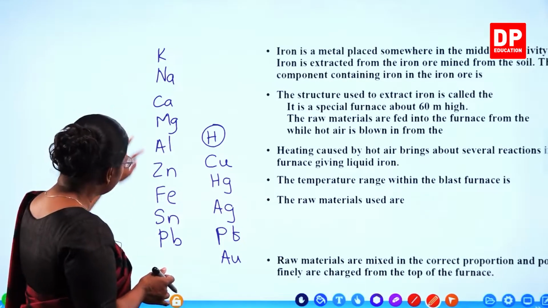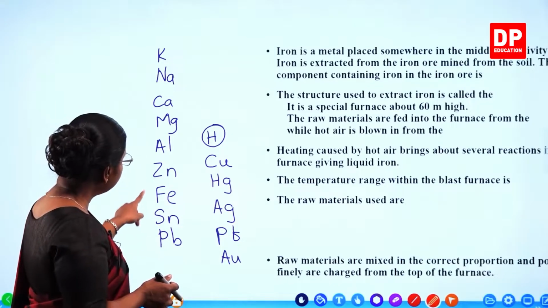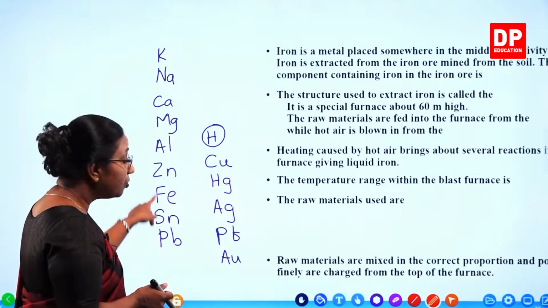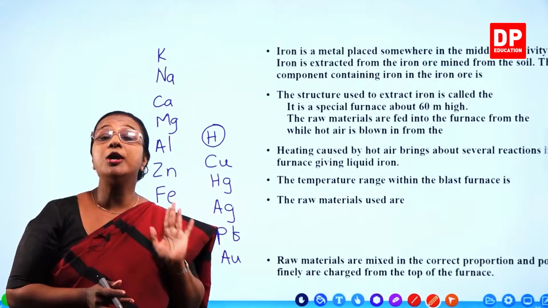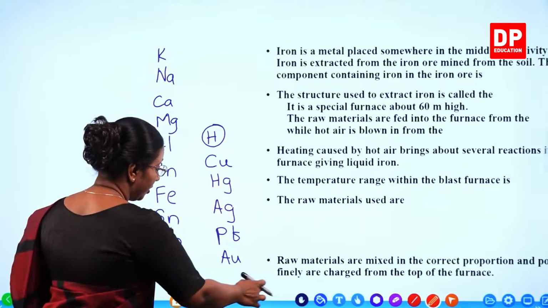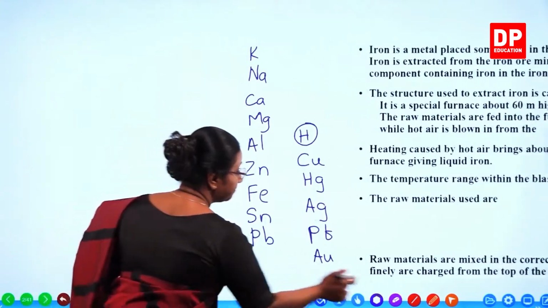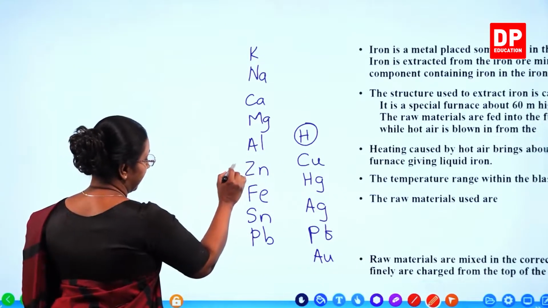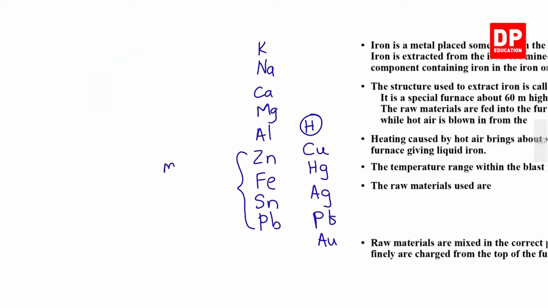But the metals that are in the middle, zinc, iron, tin, lead, those are metals that have moderate reactivity. So you can remember, students, these have moderate reactivity.